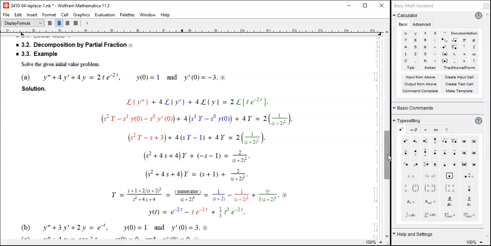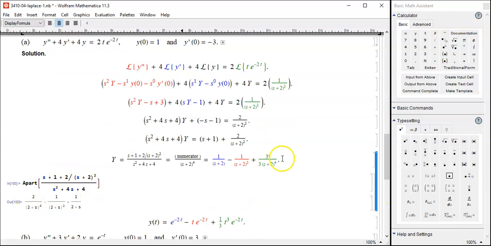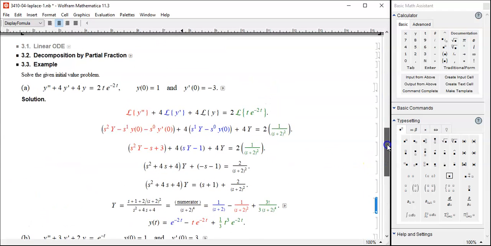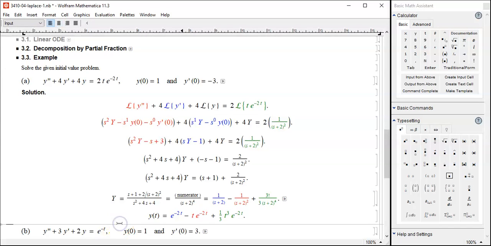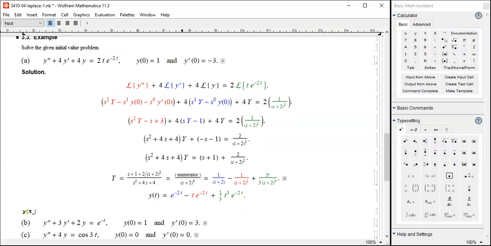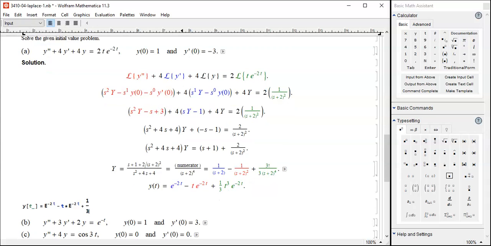Well, I have complete faith in Mathematica's computation on this partial fraction, but I do not trust myself in these computations over here. So I'm not completely certain. Let's check with Mathematica. So y of t is defined as e to the negative 2t power minus t times e to the negative 2t power plus 1/3 t squared e to the negative 2t power.